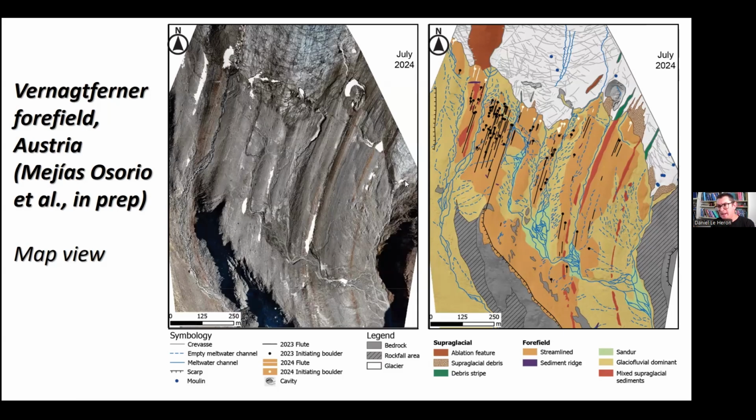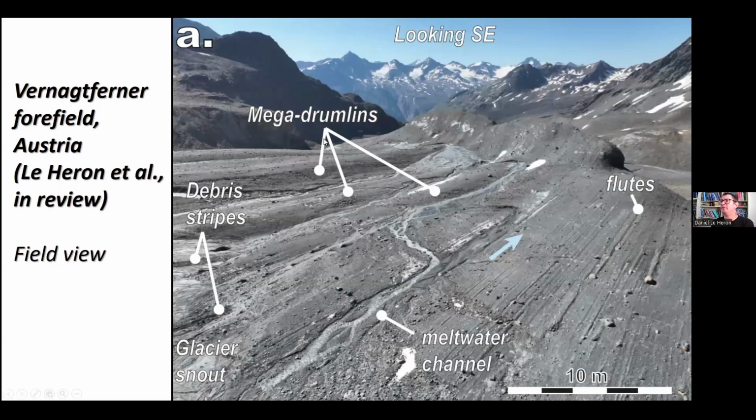If we look at an interpretation of that, a field view, there are flutes and streamlined features, using the word streamlined features. Sometimes we see other words in the literature, and we're probably not going to remember all of these terms, and they're not that important to the presentation. We also see that there is other stuff going on.